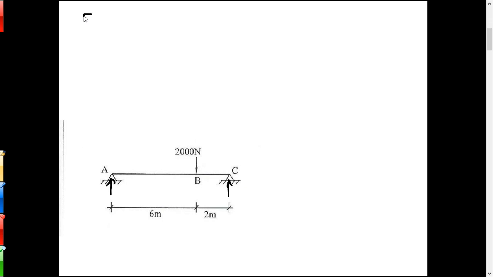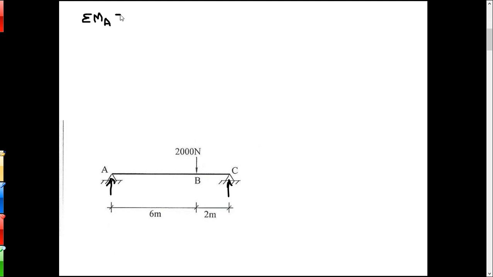So if I were doing this, I'd probably start with a sum of moments about A. That's probably what I'd do. Remember clockwise negative, counterclockwise positive is normally the assumption on that.